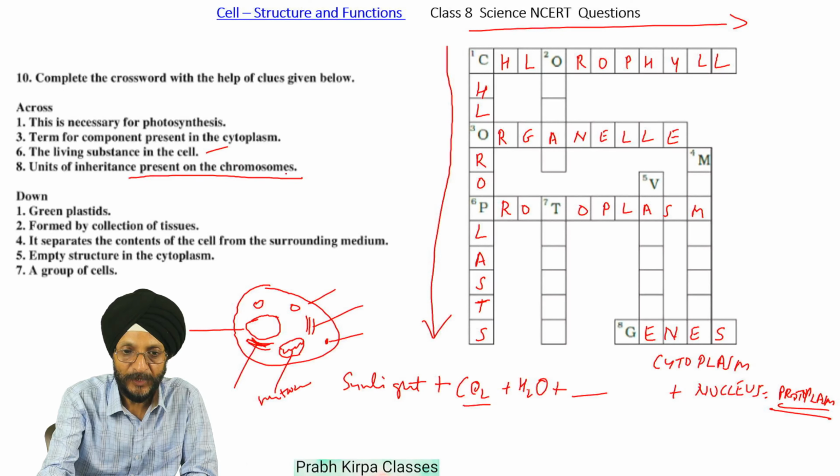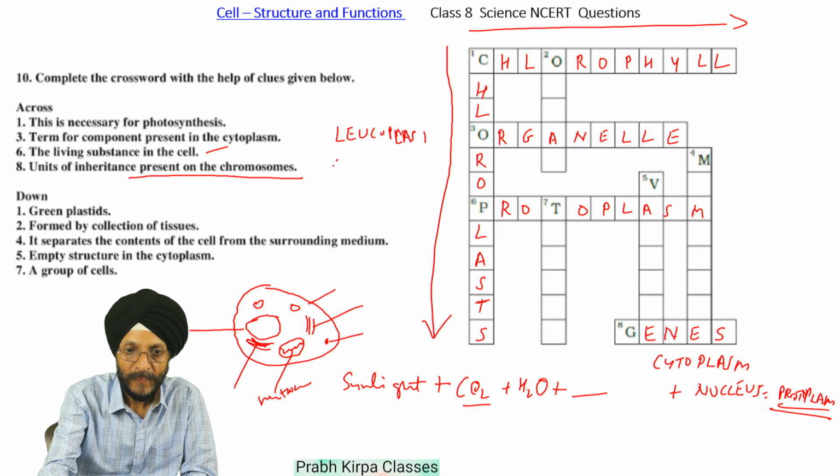As already told, plastids are of three types: leucoplasts, chloroplasts, and chromoplasts. Chromoplasts are yellow or orange colored plastids. Leucoplasts are white or colorless plastids, whereas chloroplasts are green colored plastids.